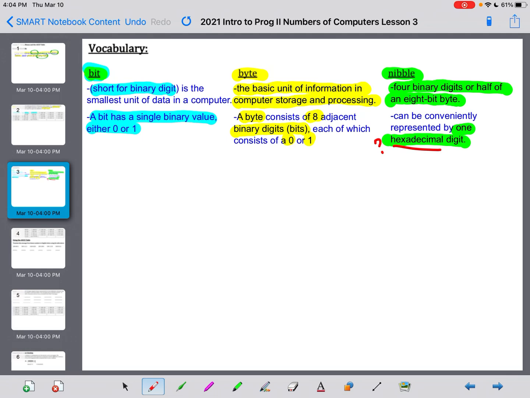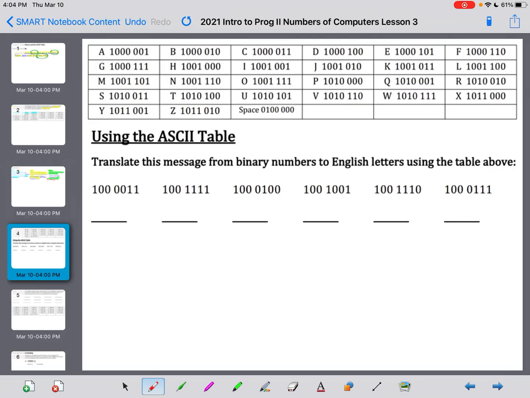So moving on to the ASCII table binary combination here. I have repeated the table there, just copied and pasted it here. Now, we need to translate or decode the binary to get the capital letter that goes with it.